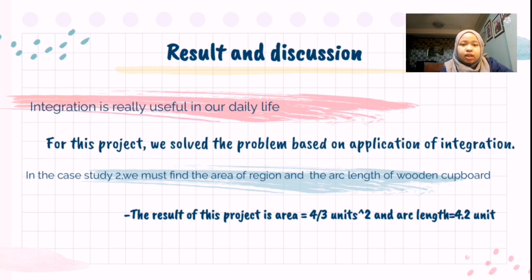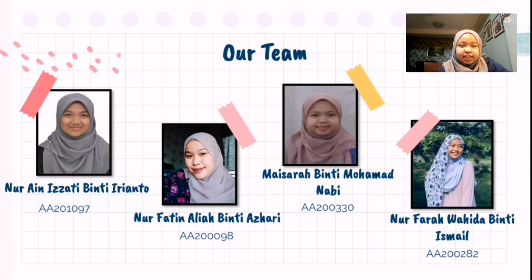Then we will succeed in finding the answer about the size of the wooden cupboard that needs to be drilled out, which is 4/3 units squared for the area and 4.2 units for the arc length. That's all from us. Thank you.